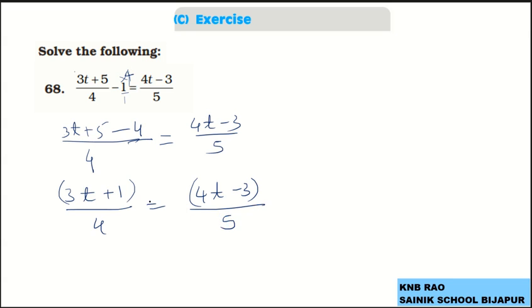Now, cross multiplication, this 5 denominator in right hand side goes to numerator in left hand side, multiplies the numerator 3t plus 1. So, 5 into 3t plus 1 equal to this 4, which is denominator in left hand side, cross multiplied and goes to the numerator of the right hand side and multiplies it.